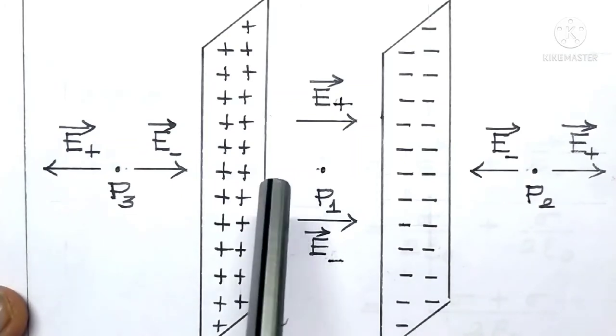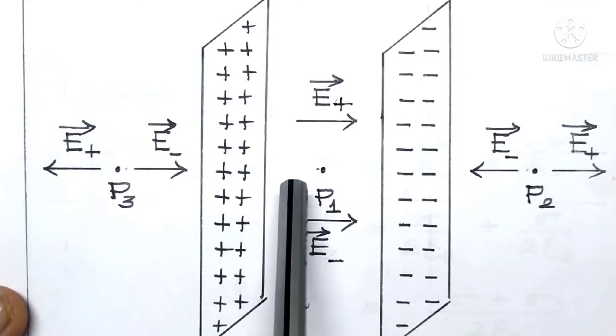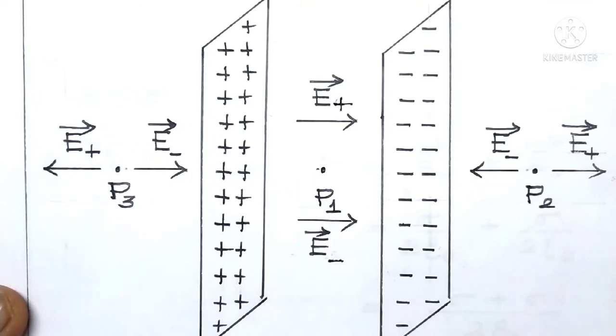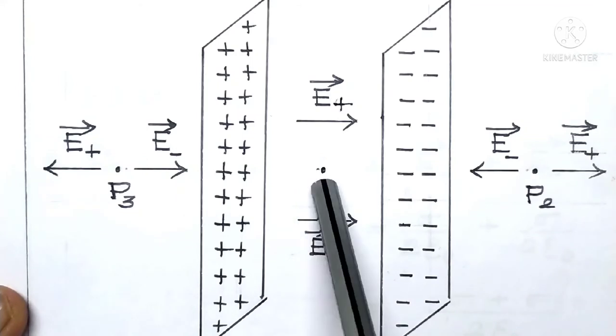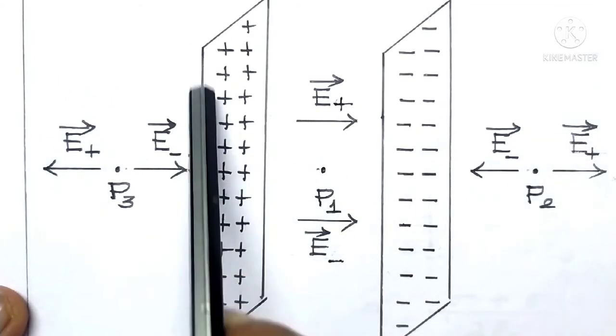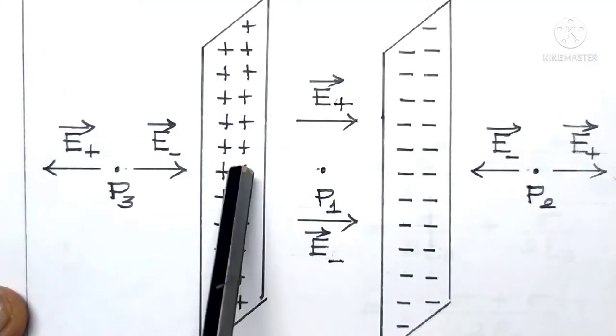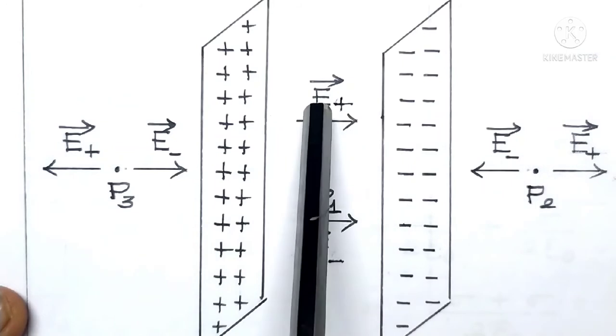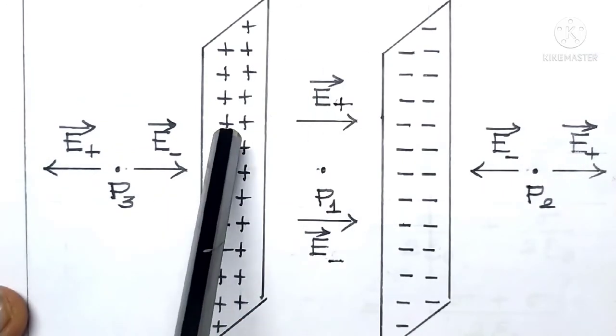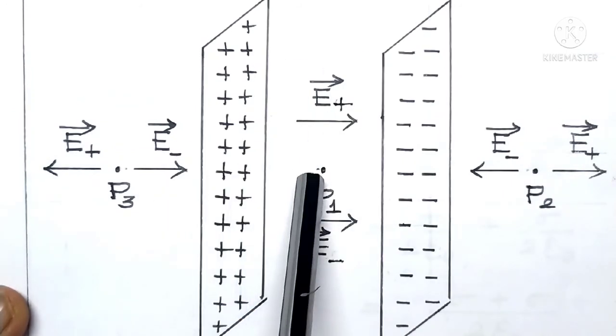So, we need to place a test positive charge over here. So, what happens? This positive charge is repelled by this positively charged plate. So the electric field direction is in this direction, E plus vector, because this one repels this test charge.